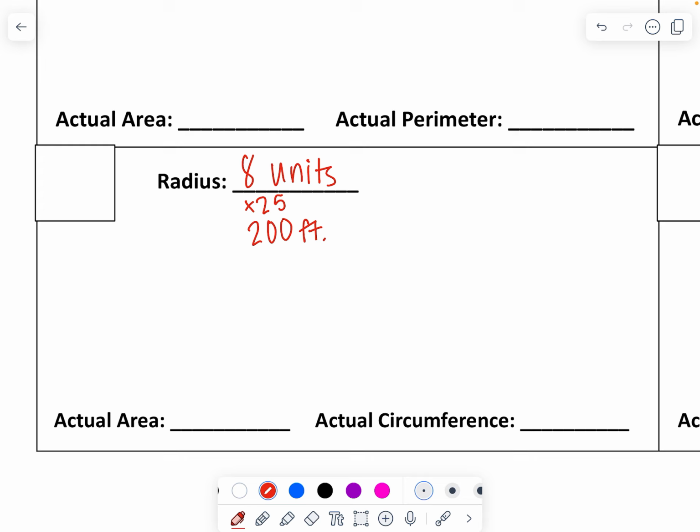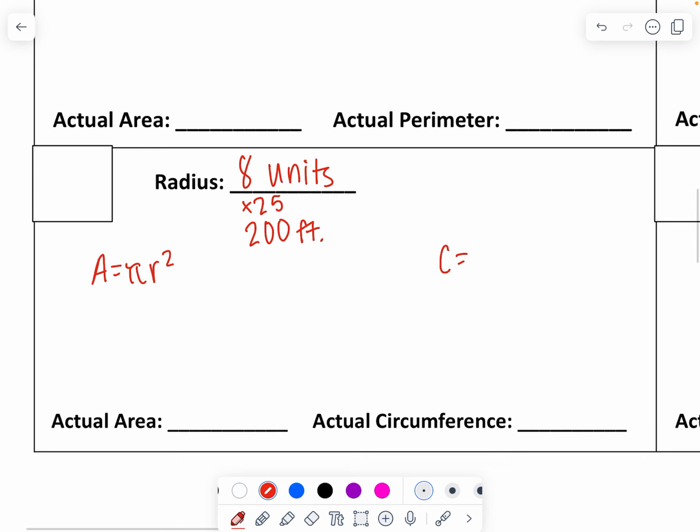So for the actual area, our formula for the area of a circle is A equals pi r squared. And our circumference would be C equals 2 times pi times r. And then you're just going to plug the 200 feet into those formulas. So the radius is 200.